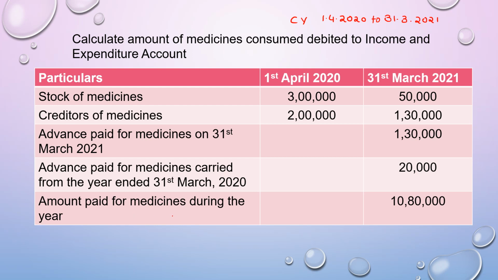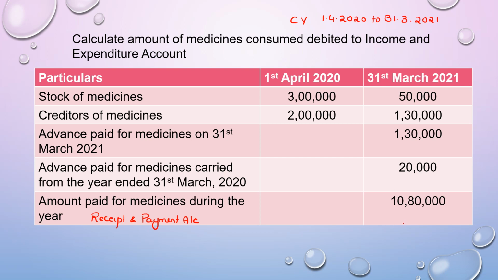So where do we find this amount paid? We would be getting this from the receipts and payments account. On the payment side you would have seen buy medicines, and the amount which has been paid is 10,80,000.